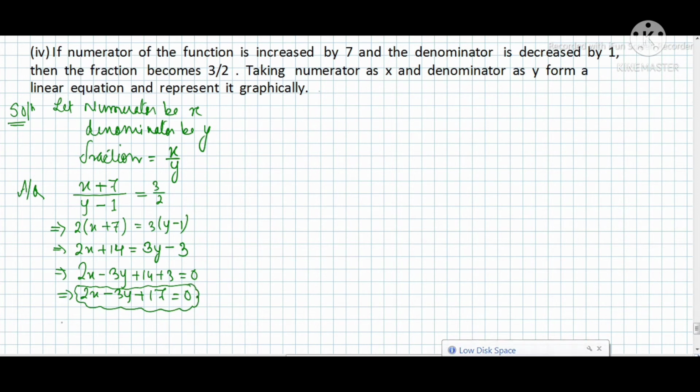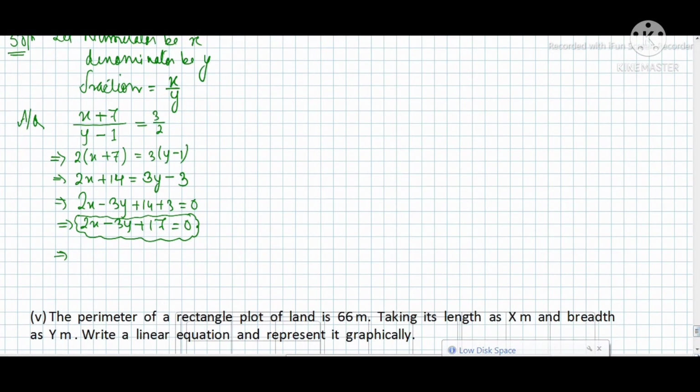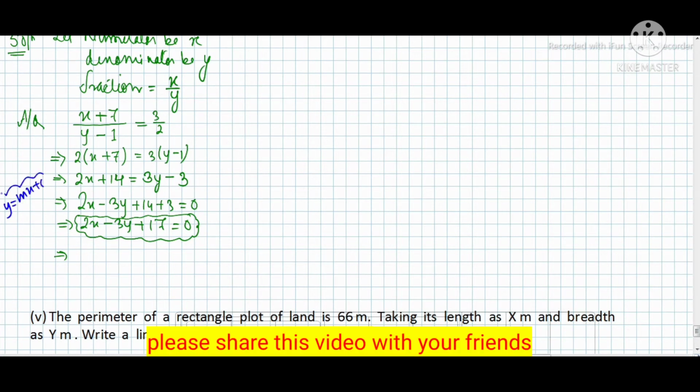Now we have to draw the graph. For that I have to transform this equation into the straight line equation. You see, the straight line equation is y equal to mx plus c. You should know this straight line equation. So you remember, I have to transform this equation into this form.